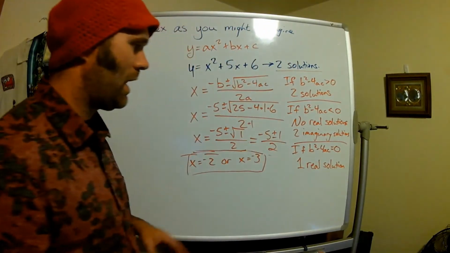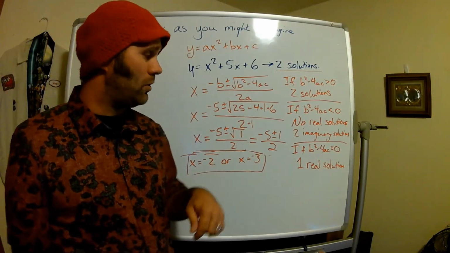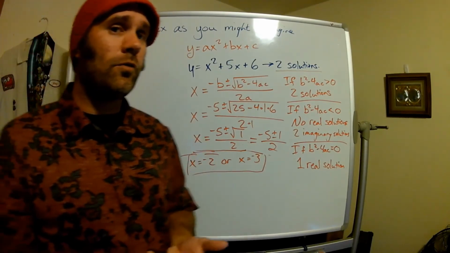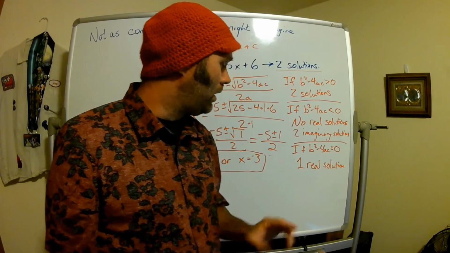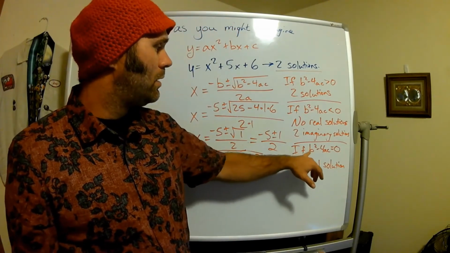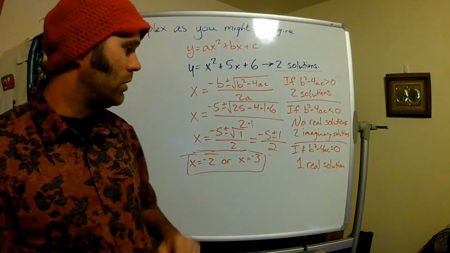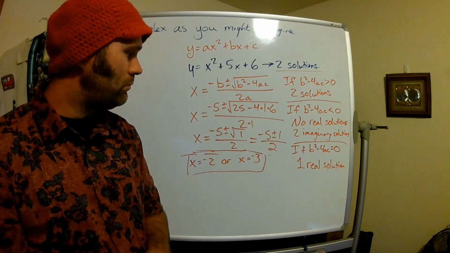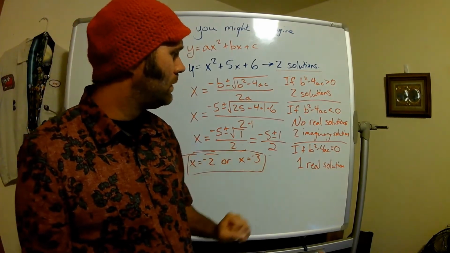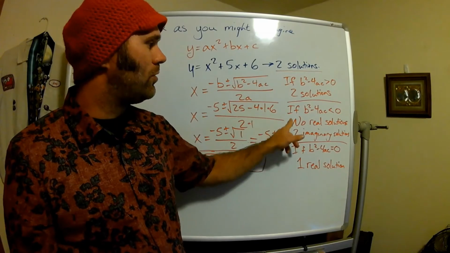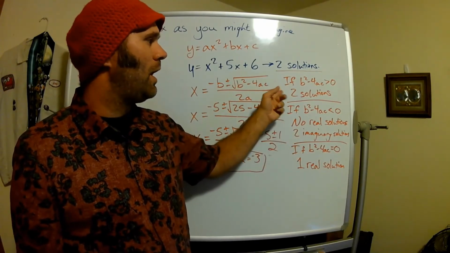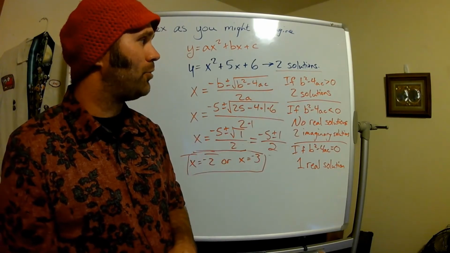Again, in our graph, that's the point at which the vertex, the highest or lowest point in our parabola, is the one solution. So one real solution, two imaginary solutions, which is no real solution, and two real solutions. Those are the three options.